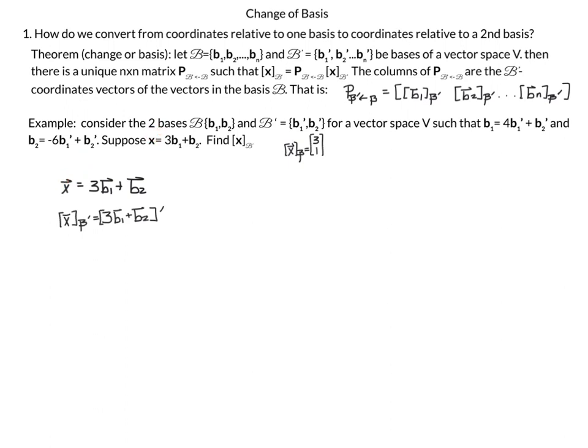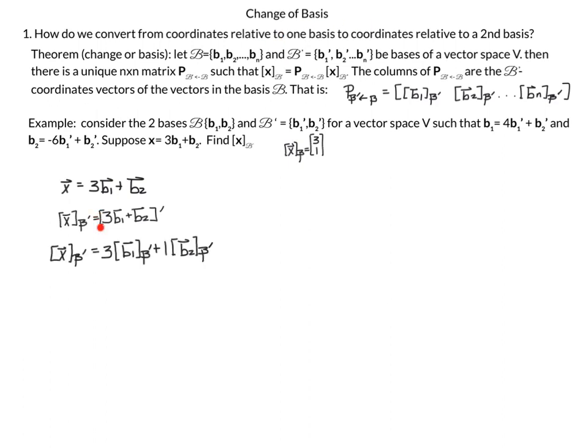So our vector x is equal to 3 times vector b1 plus vector b2. And now if we want the coordinates with respect to B prime, I'm just going to write the coordinates of the vector x with respect to B prime, and substitute 3b1 plus b2 for the vector x, with respect to our B prime basis.